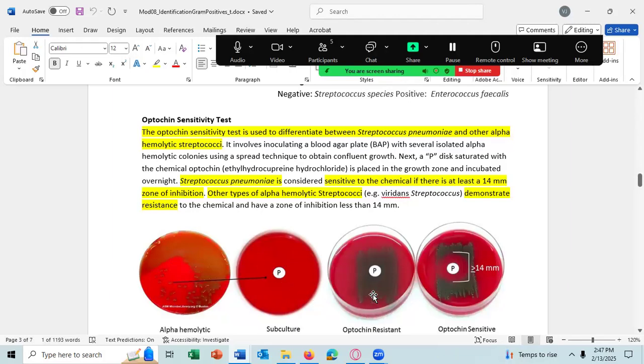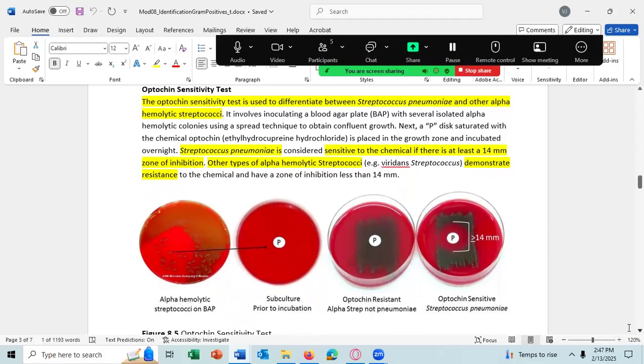And if it is optochin resistant, meaning there's a zone of inhibition less than 14 millimeters, or there's no zone of inhibition as in this one, then it is optochin resistant, and it will be a member of the Streptococcus family, which is creating alpha hemolysis, but it is not Streptococcus pneumoniae.